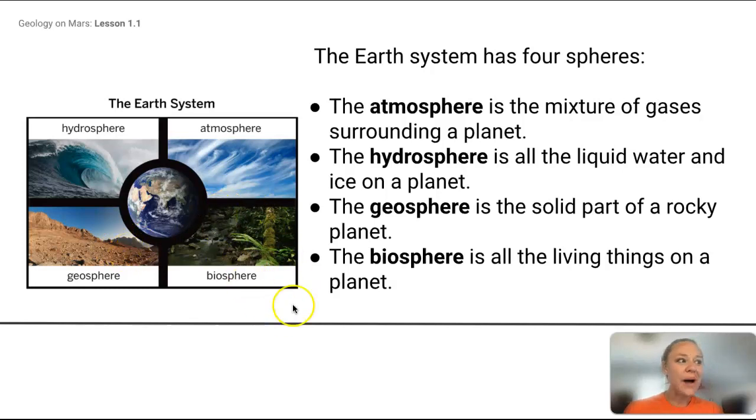And we're talking about our biosphere, which is our living things. So our plants and our trees and things like that, our biosphere. So again, our atmosphere, atmo meaning gas, our hydrosphere, our prefix hydro meaning water, geosphere, our prefix geo meaning rock, and our biosphere, the prefix meaning living.